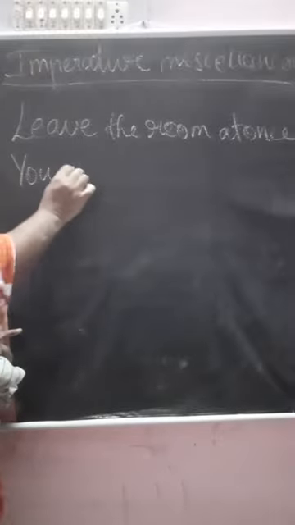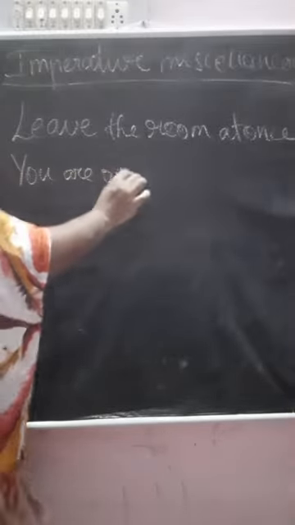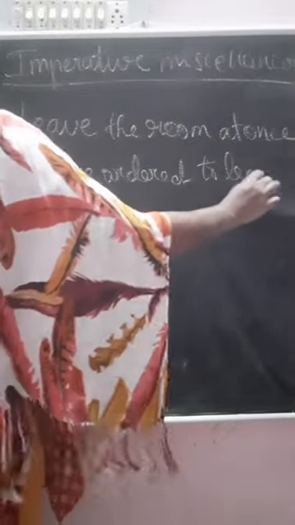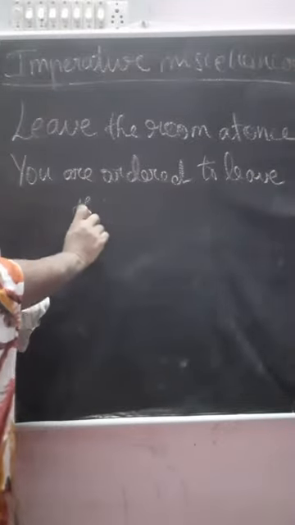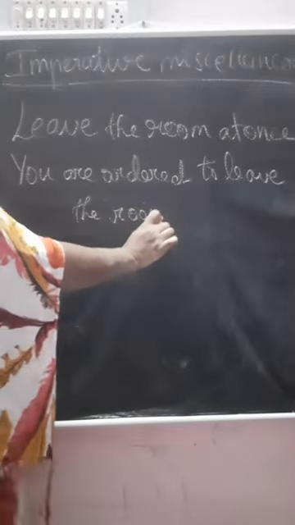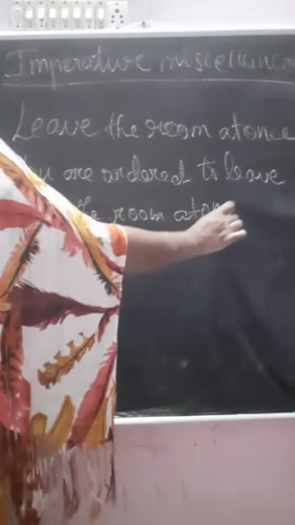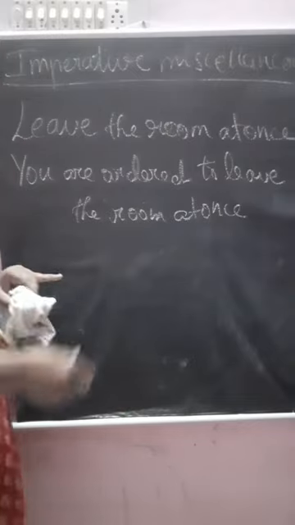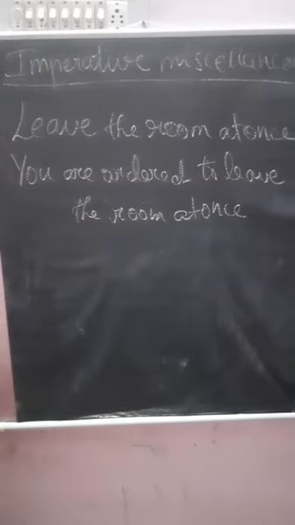Here it's a kind of order, so we have to use "you are ordered". You are ordered to leave the room at once. If you see these examples two or three times, definitely you will remember. Okay.